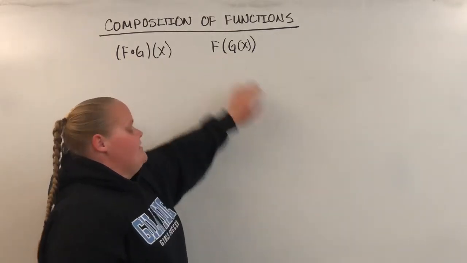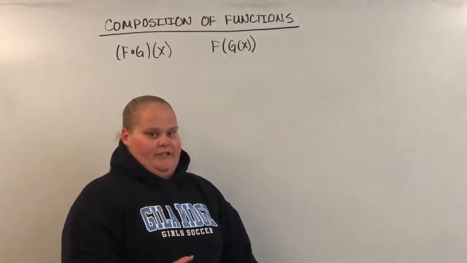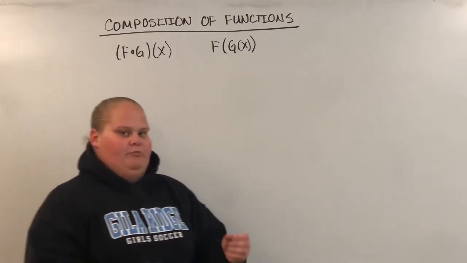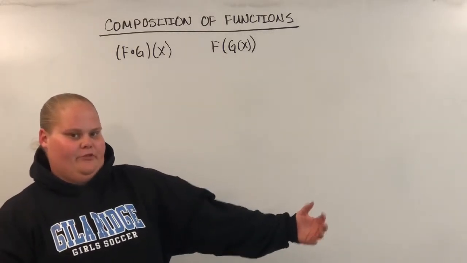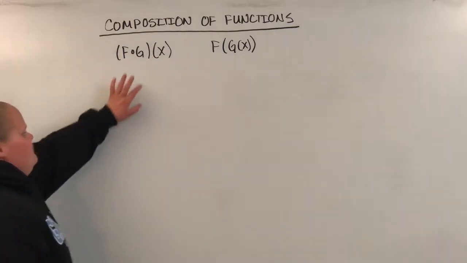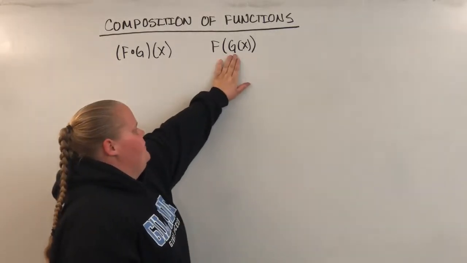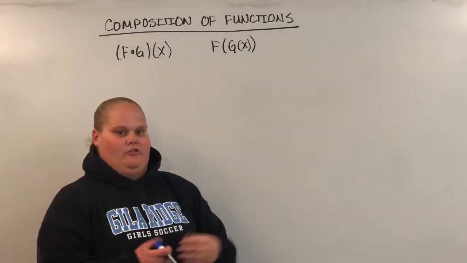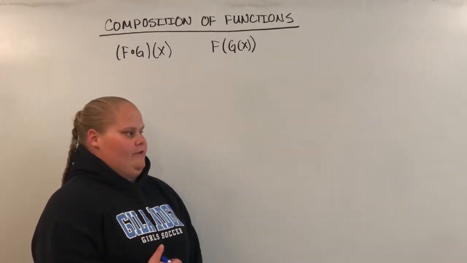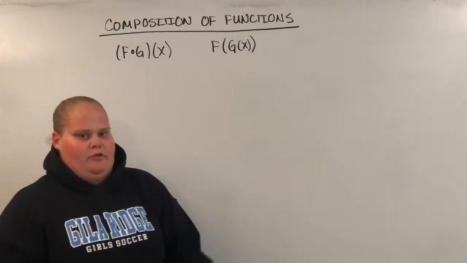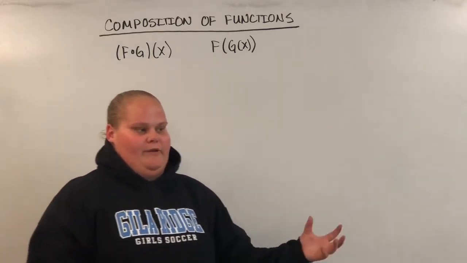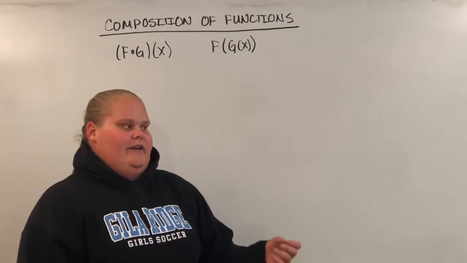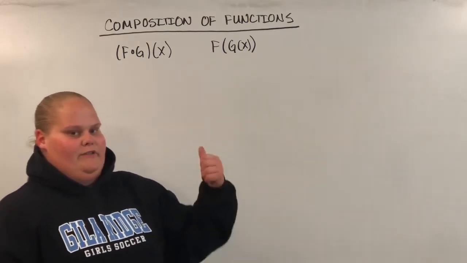It's like you're evaluating a function, but instead of plugging in a number, you're plugging in another function, okay? When you see this, these two things mean composition of functions. They mean the exact same thing, they just look different. So I'm going to put up some examples of different ways to compose two functions, and hopefully give you a better idea of what this actually means.